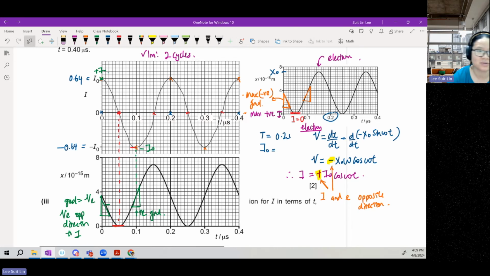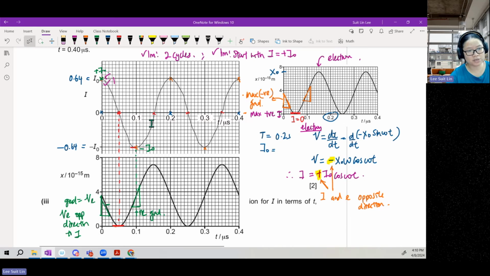And then 1 mark is when you start with I equal to positive I naught when t equals 0 here. If you start here correctly and you are drawing a sinusoidal curve, you will get 1 mark. If you start here correctly and you draw 2 cycles, you will get 2 marks. Most of the time, people will get the first mark. They may lose the second mark.